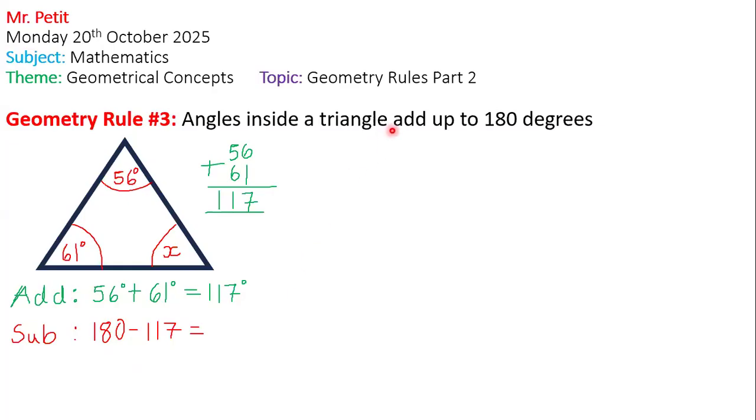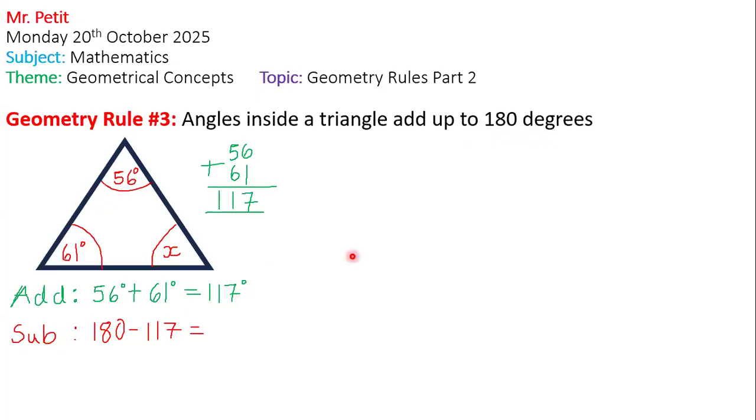And what do we know about angles inside a triangle? It adds up to 180 degrees. Very good. So why are we using 180? Because it's a triangle. And angles in a triangle add up to 180. Very good. Thank you, Brianna.